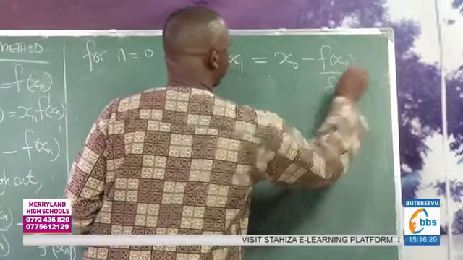And since we already have these, we are simply putting the first approximation. After getting the first derivative, this will be 3xn squared minus 12xn plus 9.